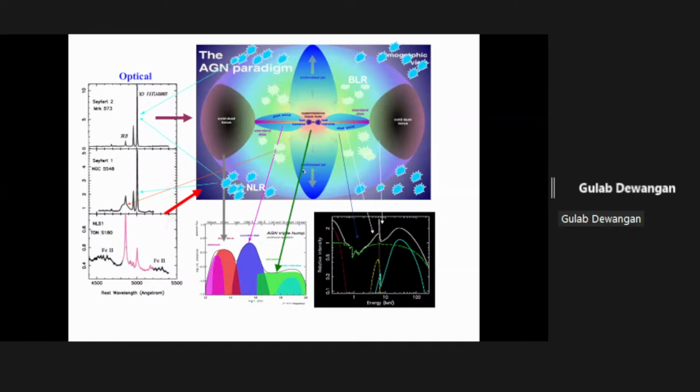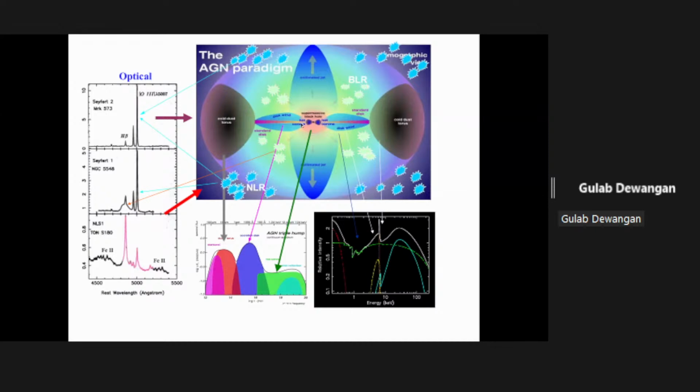The one kind of clouds are called the broad line region clouds, which are closer to the central engine, consisting of the supermassive black hole and the accretion disk. Because they are closer, under the gravity of the supermassive black hole, they are moving with high speeds around this black hole.